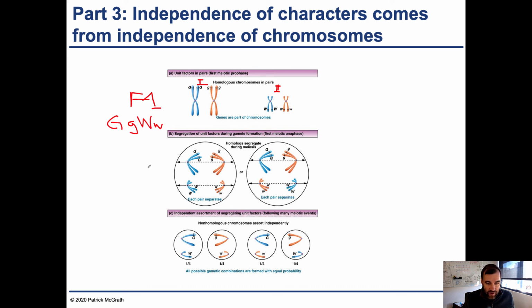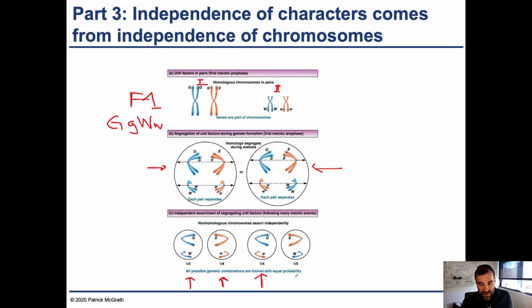So this is the first possibility, this is the second possibility, both of these are equally likely to occur, where you segregate the big G with the big W, and then it's equally likely that you segregate the big G with little w. And so what that means is that all 4 of these gametes are equally likely to occur.